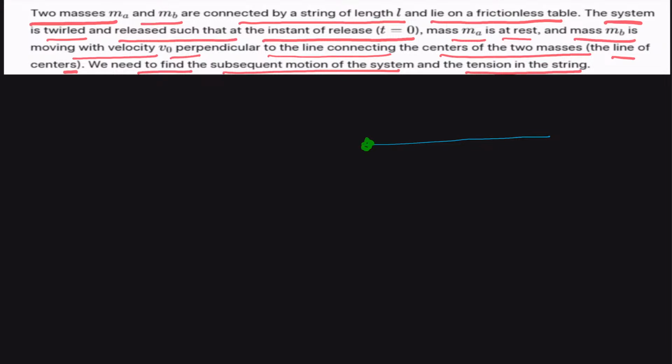This is mass A, and this is mass B. So we have our MA and our MB, and it is set in motion such that initially VA is equal to 0, whereas B is moving perpendicular with the velocity that is given to us as V0.